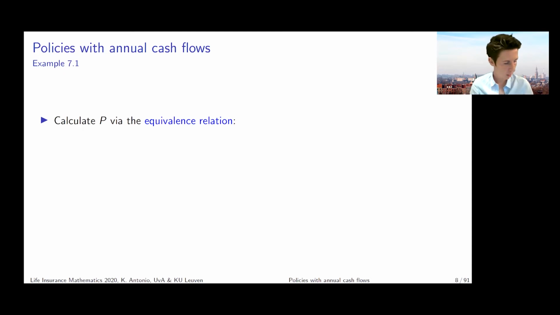So we have here a 20-year endowment policy issued to a life aged 50. We've got level annual premiums payable throughout the term. So our actuarial equivalence relation is like this, and this is something that you should be able to understand by now. On the right-hand side, you see the EPV at time 0 of an endowment insurance for 20 years issued to a 50-year-old.